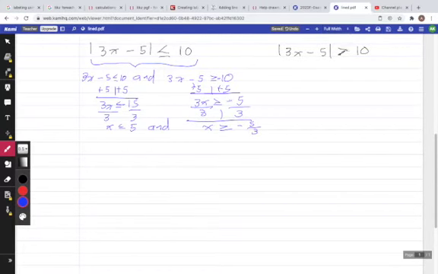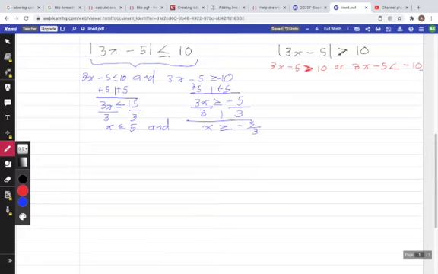Over here, when we have a greater than inequality, what we really are looking at is an OR inequality. So we have 3x minus 5 is greater than 10, just greater than 10, or 3x minus 5 is less than negative 10. And we solve both of these. Again, using the same process we did over here on the left.